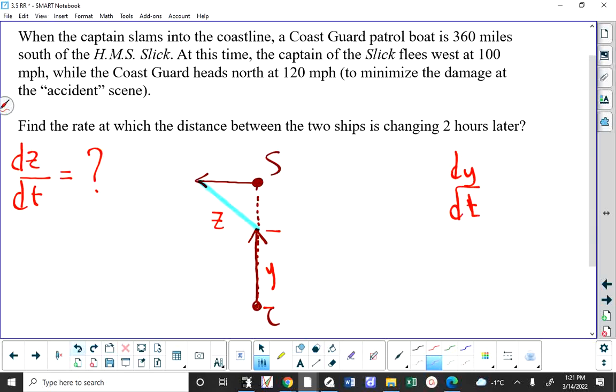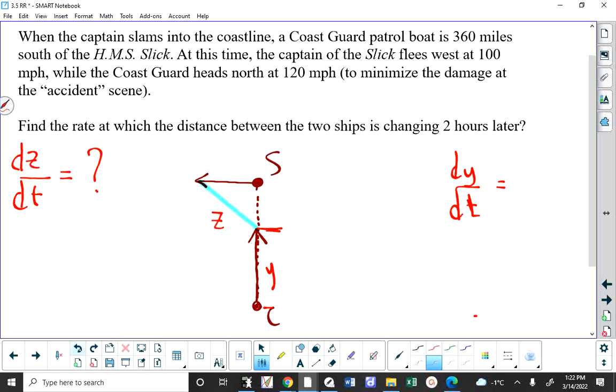And figure out what dy dt is equal to. So Y is the distance that the Coast Guard patrol boat travels up to a certain point in time, and I'm asking you to find dy dt.